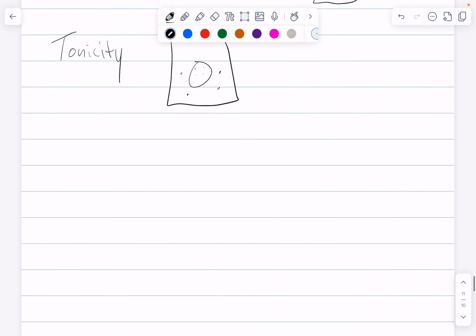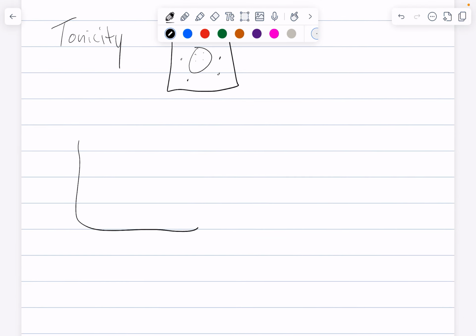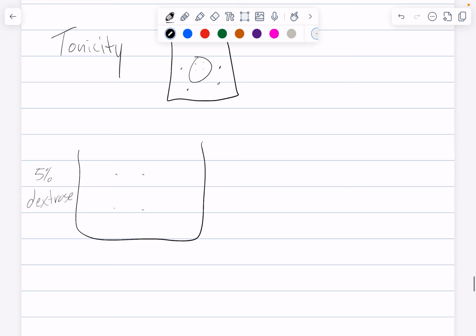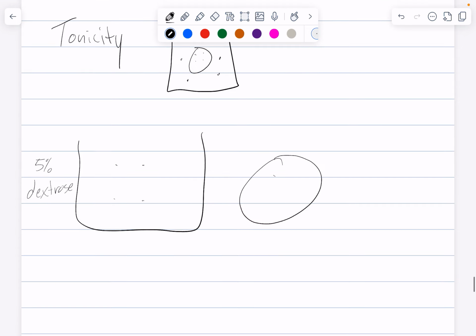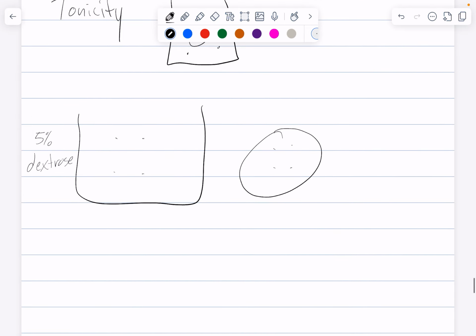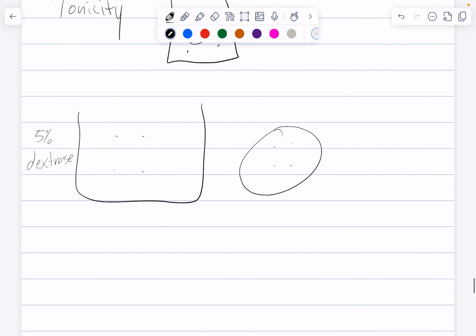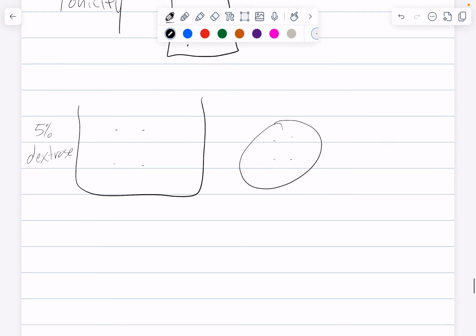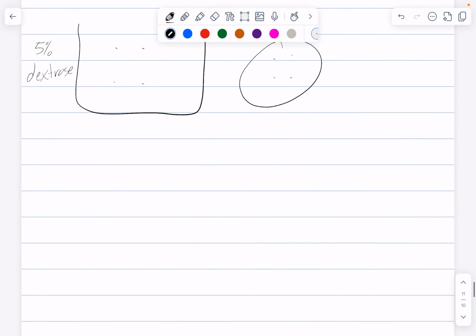So if we have dextrose, 5%, this is for osmolarity.